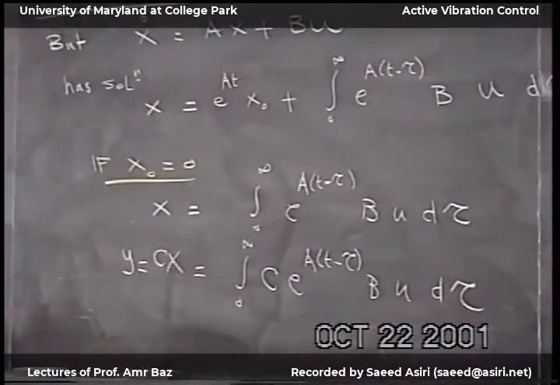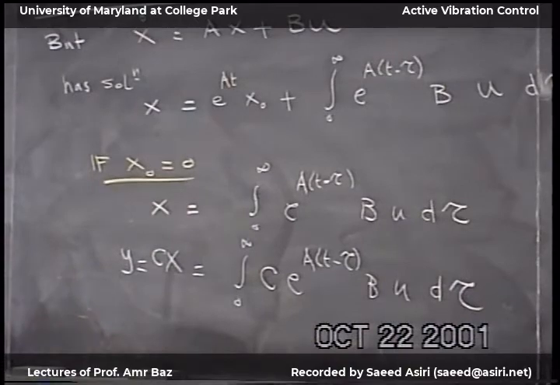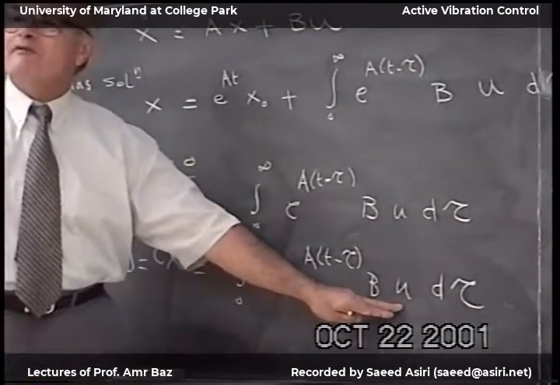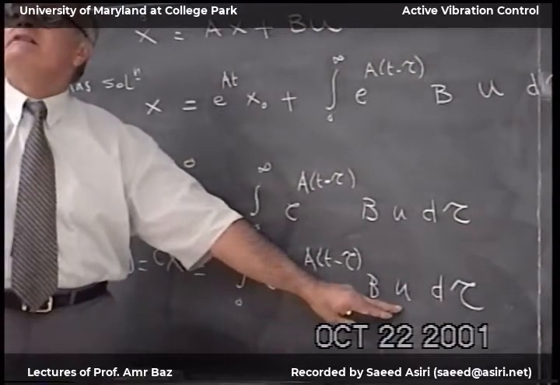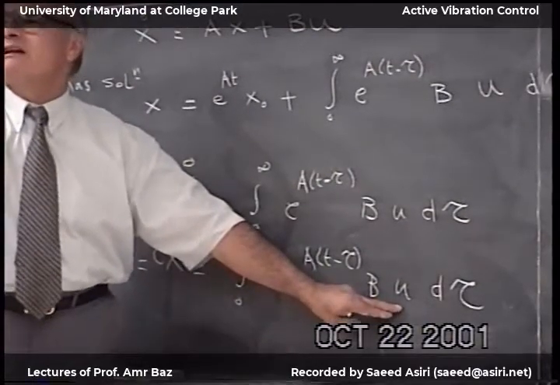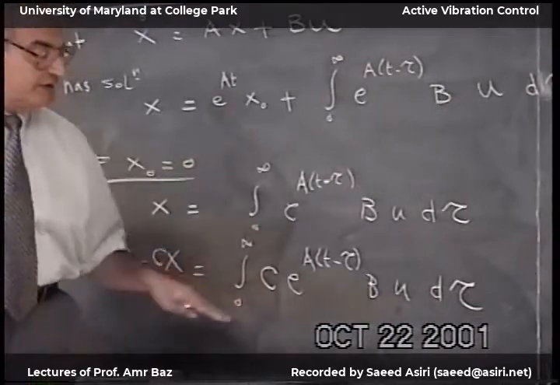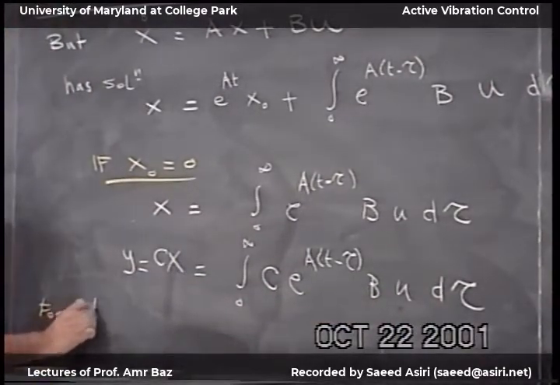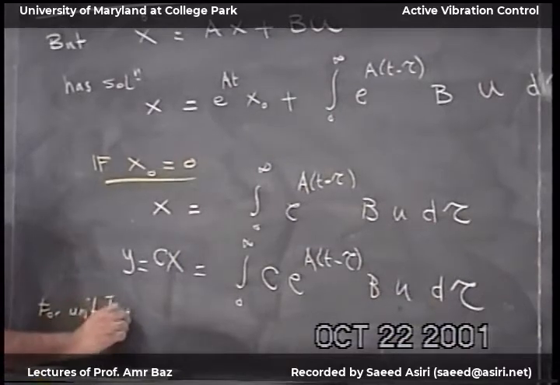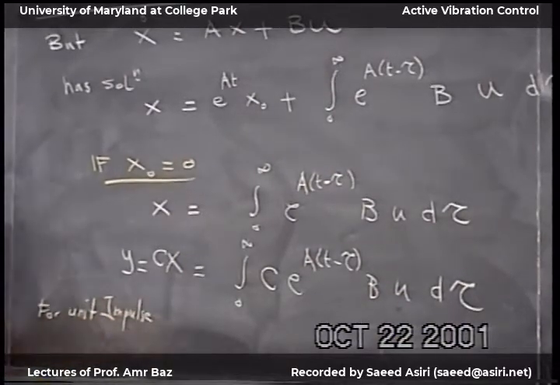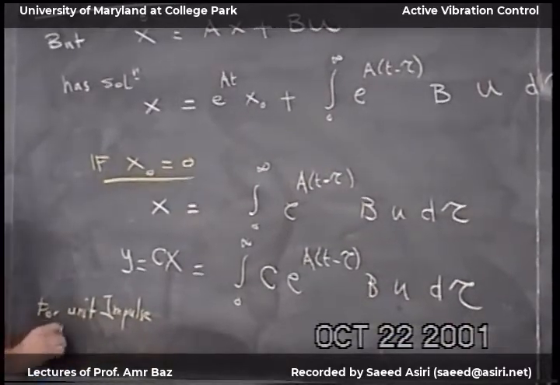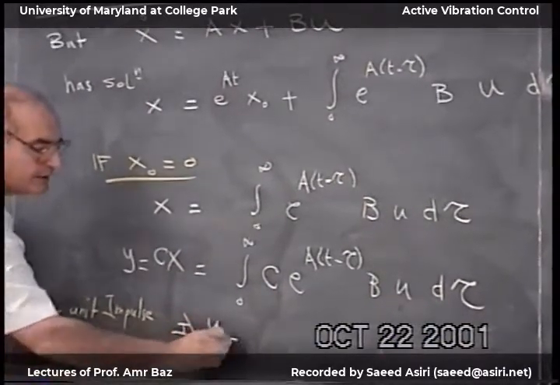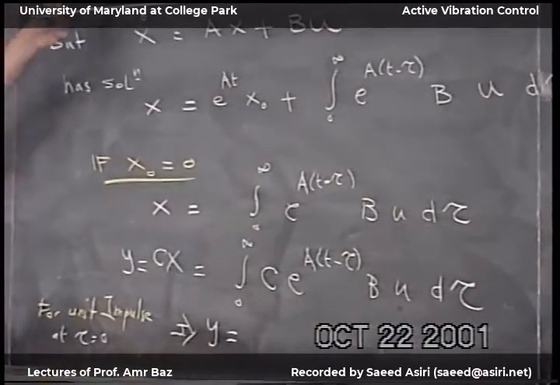Now if I have a unit impulse at time t equal to 0, then I only have a value of u at tau equal to 0, and anything else will cancel out. So this reduces to, for a unit impulse at tau equals 0, this equation that we have.